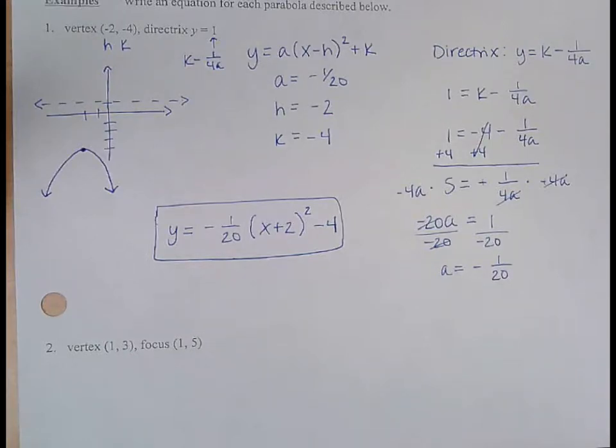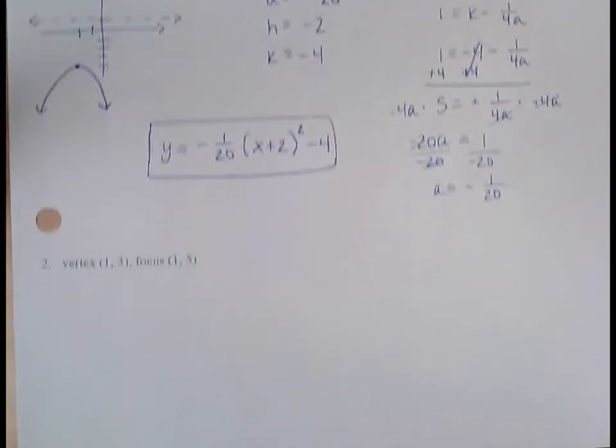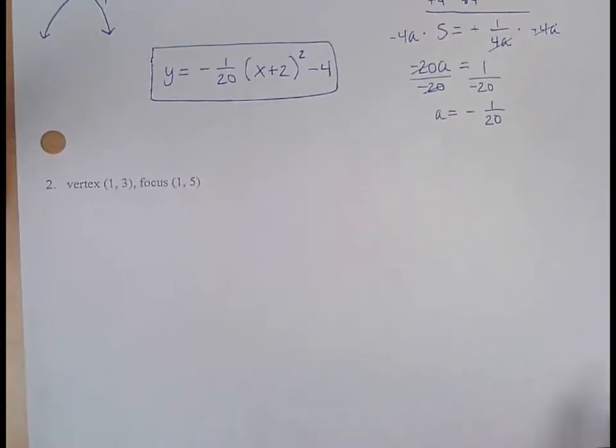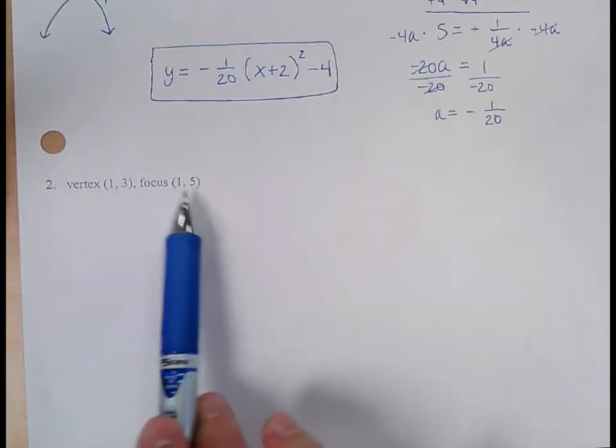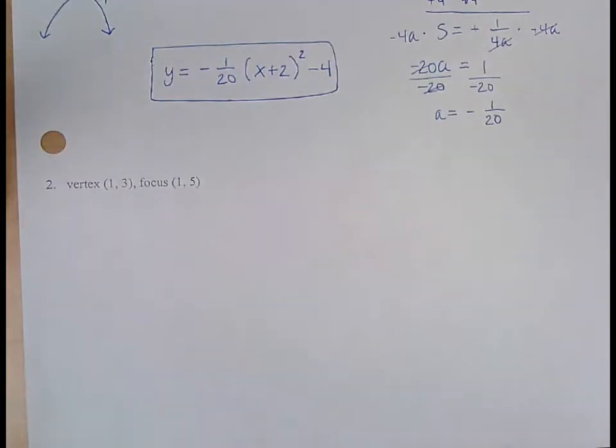Are there questions on example 1? Okay, number 2 gives you the vertex and the focus, and I would like you to try number 2. I would recommend you sketch these 2 points to figure out which way the parabola opens, and then use the vertex and the focus to find a, h, and k.